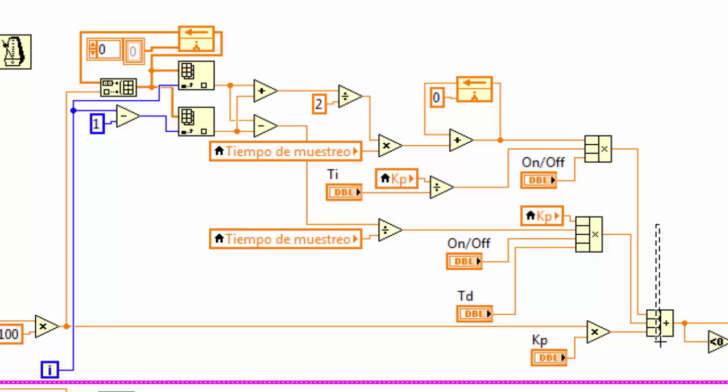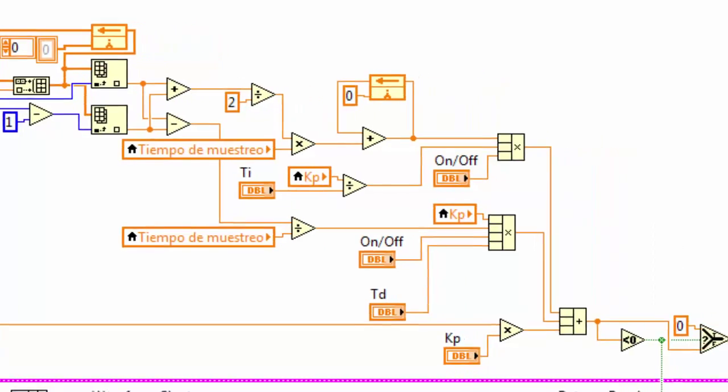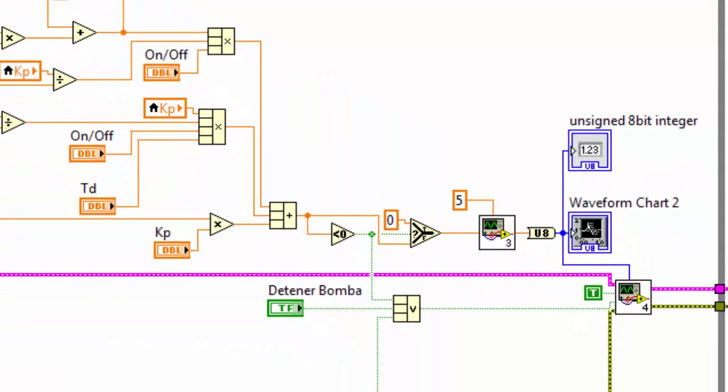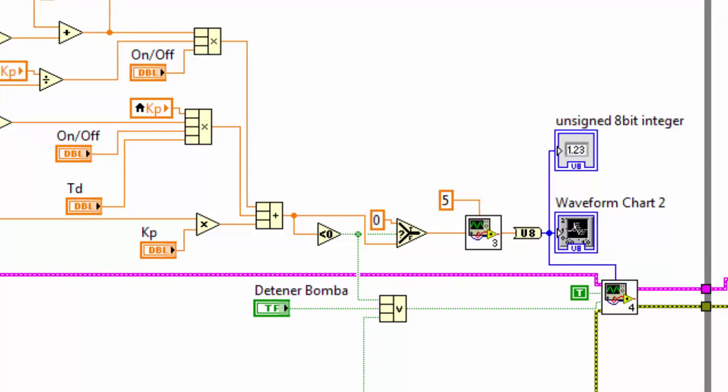All these values are added to get the control for the pump. In this part, we first check if the value of the error is less than 0.